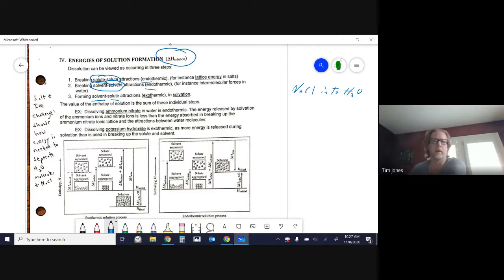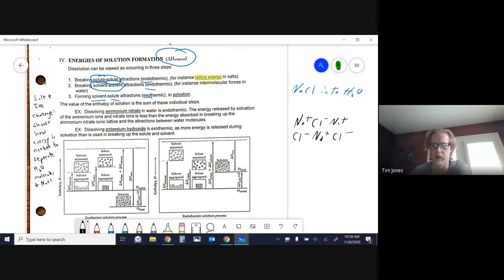Now, in the case of sodium chloride, breaking these solute-solute interactions, you're having to break the lattice energy right here. And lattice energy has to do with the idea that you have a sodium ion and a chlorine and then a sodium, and you would have something like this.